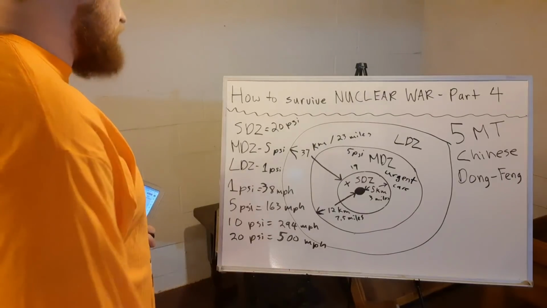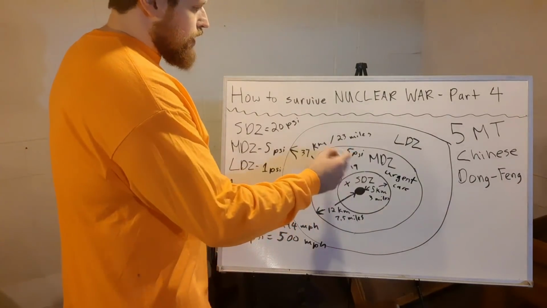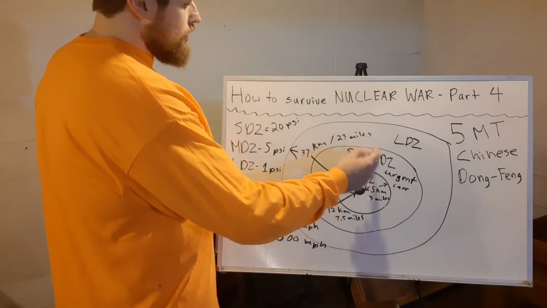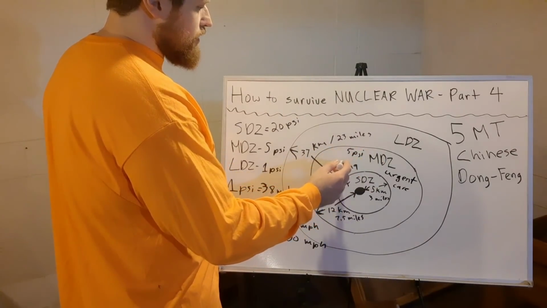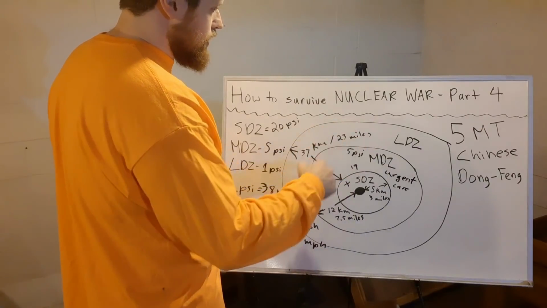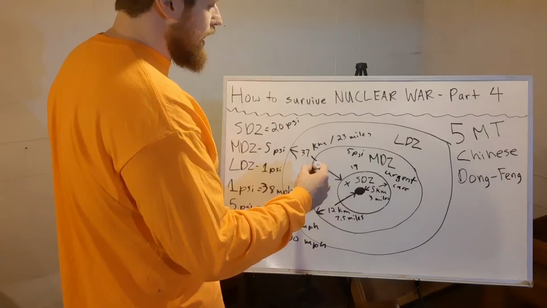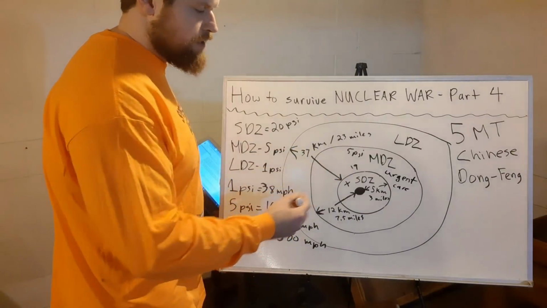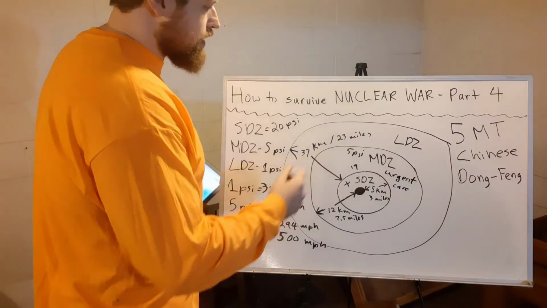So that's another thing to keep in mind, is that the radiation from the fallout is going to be very dangerous in the moderate damage zone and the severe damage zone. The radiation will be less in the LDZ, but it'll also be pretty high. So don't expect the firemen to come and save you anytime soon.